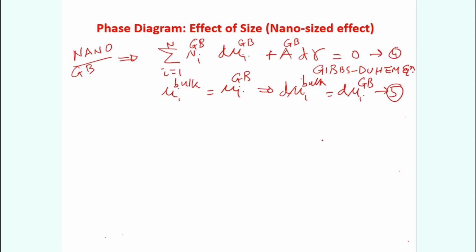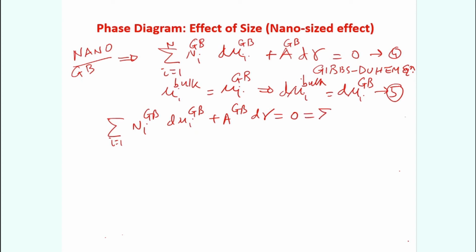So what will happen? This means sum of N i d mu i, there is an additional step which I am missing, d gamma is equal to 0, right.